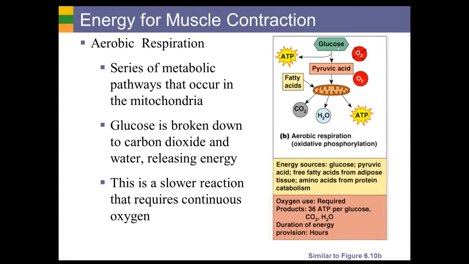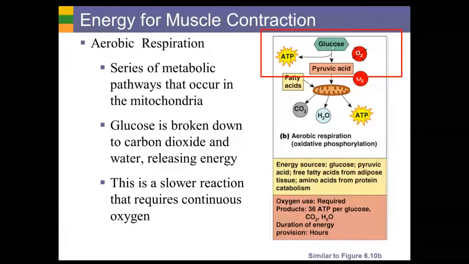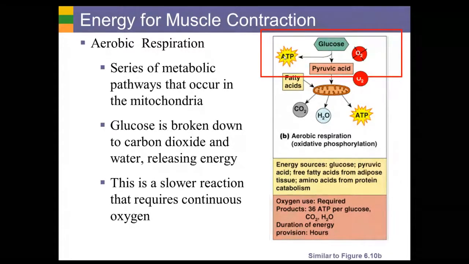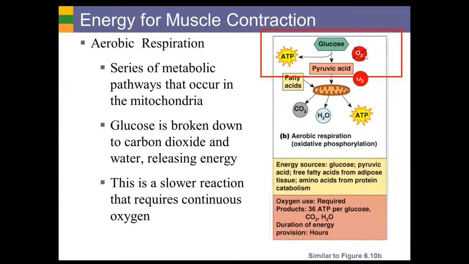Now, I want to focus on this step that occurs prior to aerobic respiration. That is, prior to pyruvic acid moving into the mitochondrion where oxygen is used to make ATP. This conversion of glucose to pyruvic acid produces a little ATP and doesn't require oxygen.